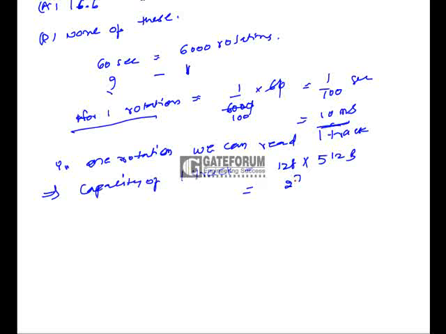So this is 2 power 7 into 2 power 9, which is 2 power 16, that is 64 KB. So 64 KB is the capacity of the track.